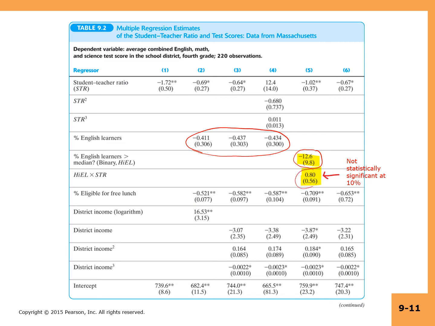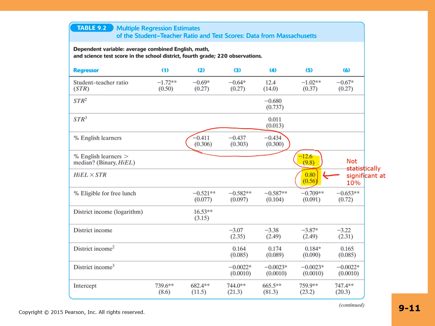We're also going to include an interaction term between this binary version of the high percentage of English learners multiplied by the student-teacher ratio. So basically, this is testing if the effect of student-teacher ratio is different in districts with high percentage of English learners.